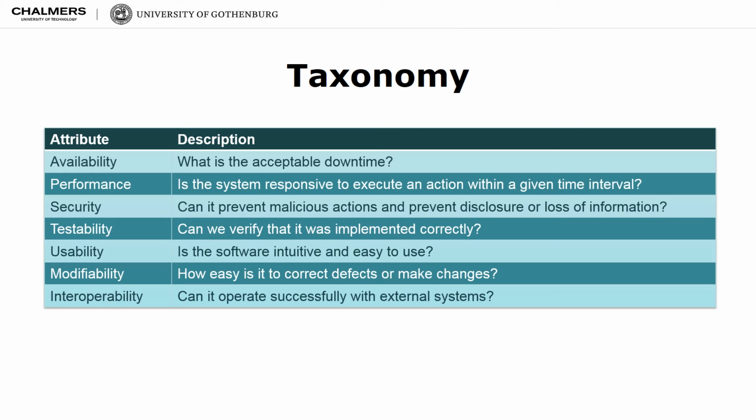For instance, to add new features or to fix bugs. Interoperability is the ability of a system to usefully exchange information with external third-party systems. This refers to both being able to exchange the data as well as correctly interpreting the data being exchanged.